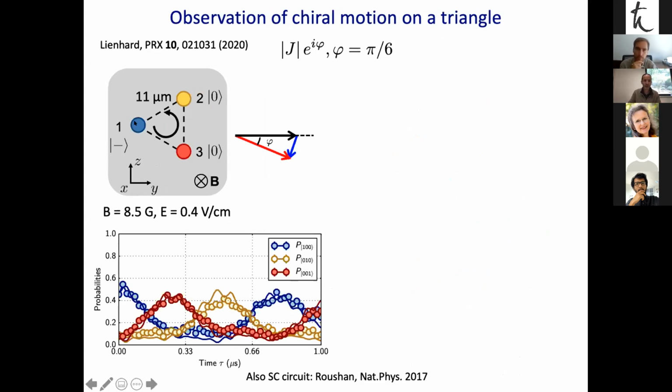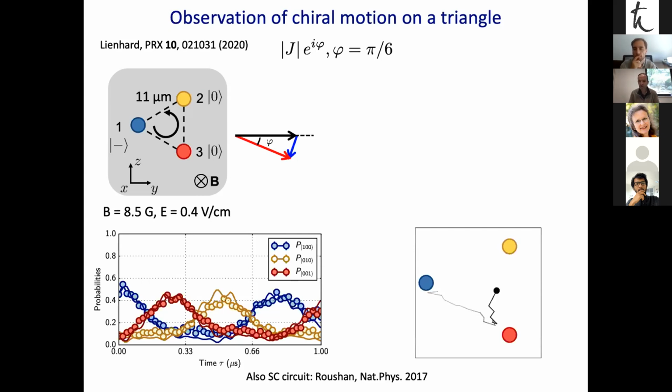And what you see is that it goes from minus to 3, and then to 2, so there is an order. This excitation jumps around the circle for a given orientation of the magnetic field. And now you can revert this.